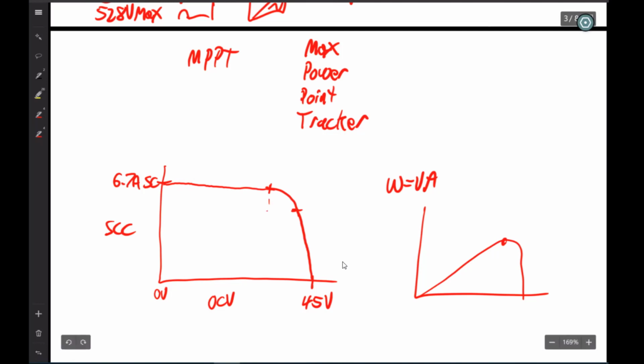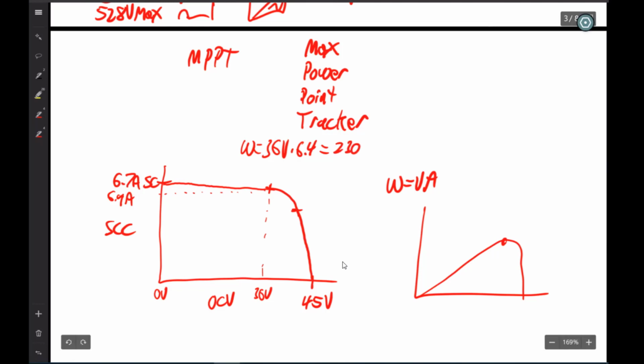So if this value is 36 volts, for instance, and let's say this is 6.4 amps, so the power would be 36 volts times 6.4, which is 230 watts.